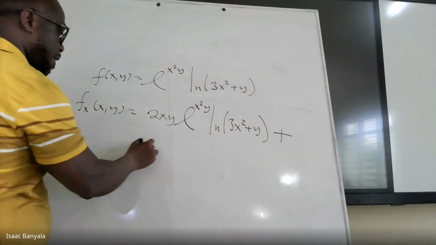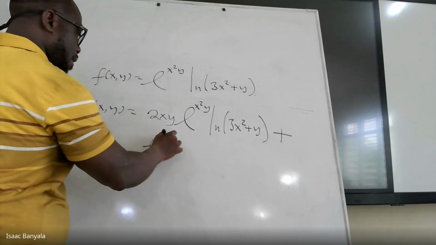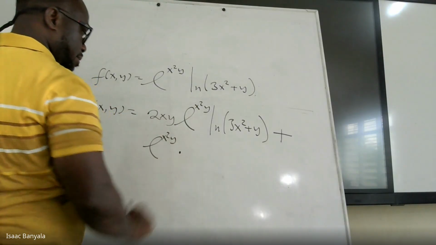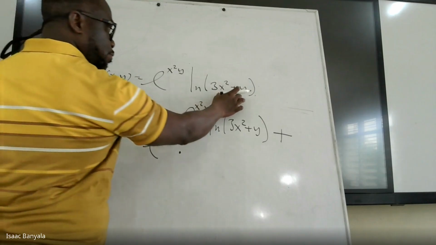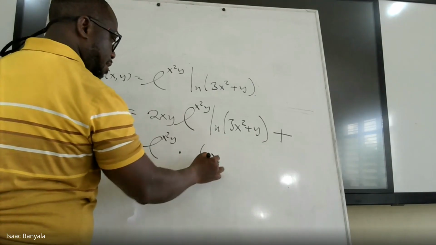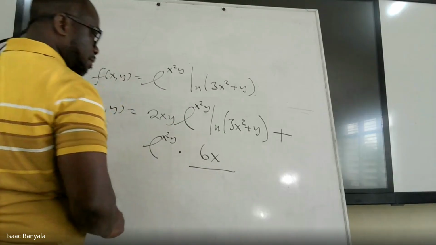Then plus, we are keeping this and differentiating this. So we keep the e to the x squared y. Then let's go to the ln, multiplying it. You differentiate what is here with respect to x, so 6x all over 3x squared plus y.